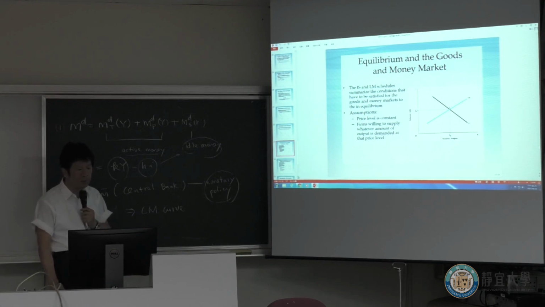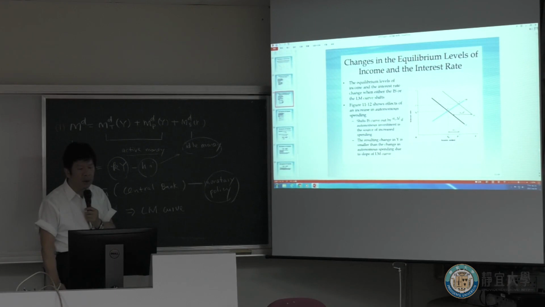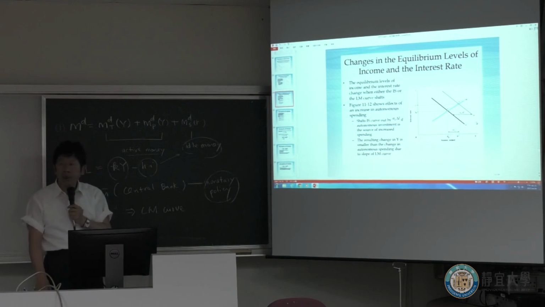This is what we already mentioned. If the government uses fiscal policy and increases government spending, the IS curve will shift to the right hand side.